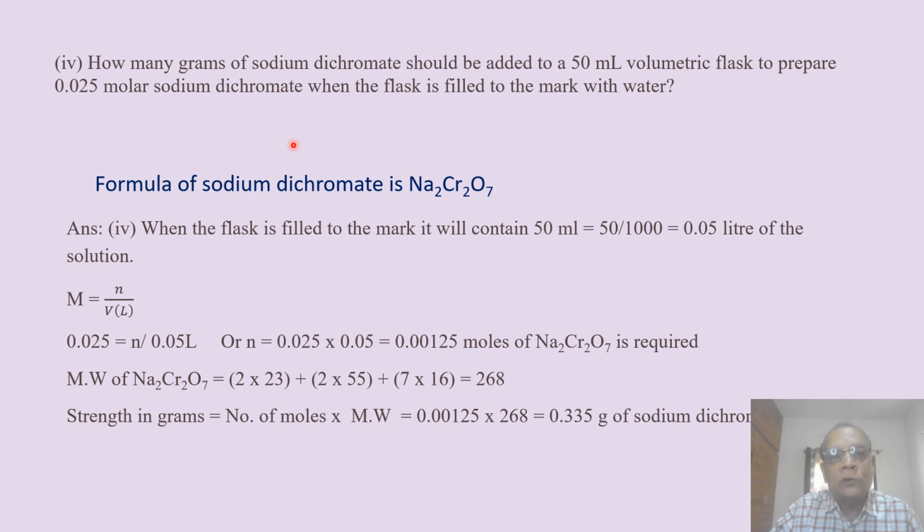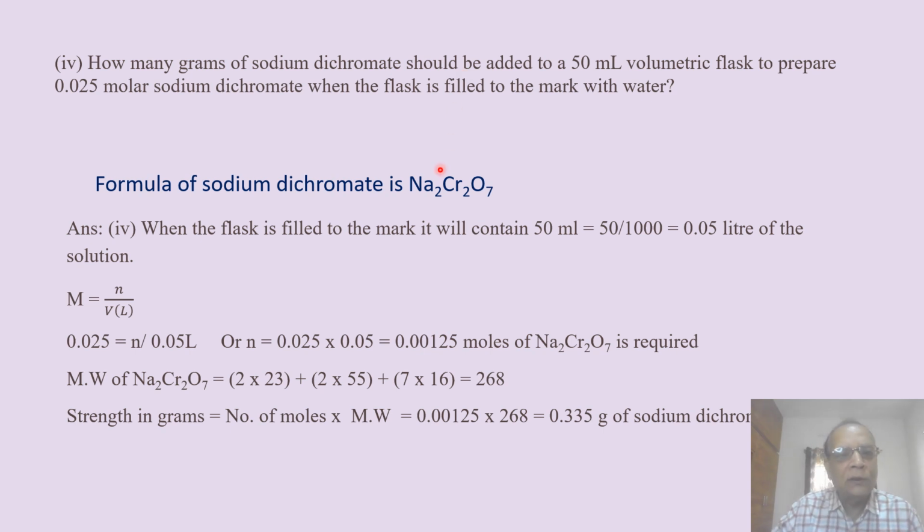How many grams of sodium dichromate should be added to a 50 ml volumetric flask to prepare 0.025 molar sodium dichromate when the flask is filled to the mark with water? The formula of sodium dichromate is expected to be known if it is not given in the question. Sometimes a comma is placed there and the formula is given alongside, so there's no problem.